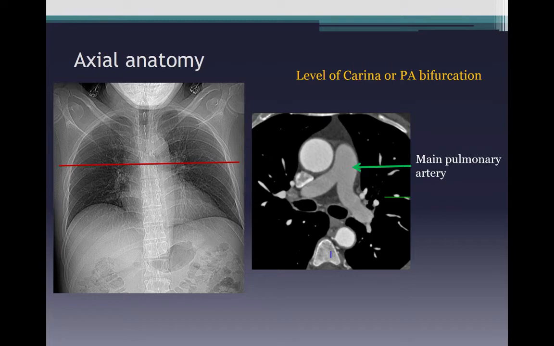This is also the level where we plan our cardiac CT, both calcium scoring as well as angiograms, starting at this level. This is also the level where we bolus track, or test for the arrival of the peak enhancement of the contrast in the thoracic aorta.